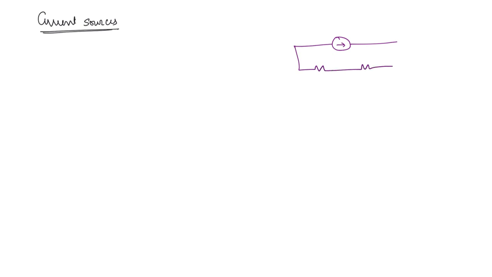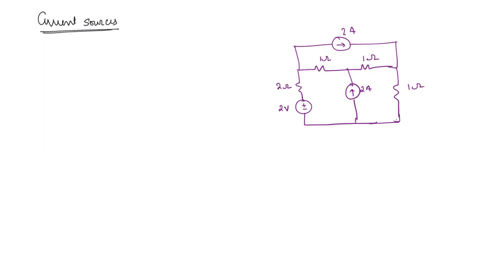Here you have a resistor, here you have a resistor, and here you have a current source. And here you have a voltage source and a resistor. Here a resistor. So let us say this is 2 amperes. This is also 2 amperes. We'll take this as 2 volt, 1 ohm, 2 ohm, 1 ohm and 1 ohm.